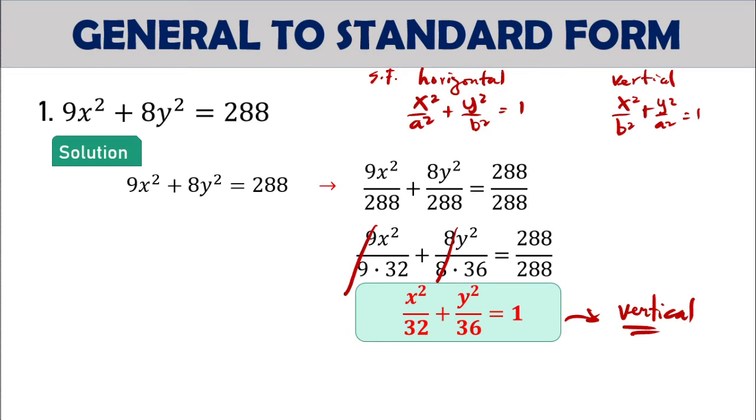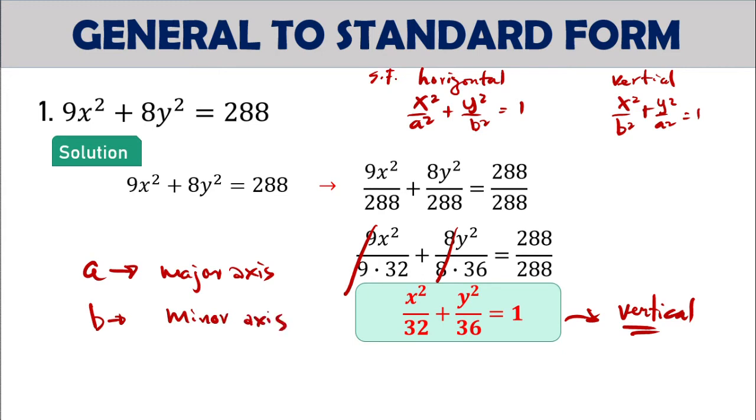Let's continue. By the way, if we go back to the table I discussed, the a is your major axis and the b is associated with your minor axis.